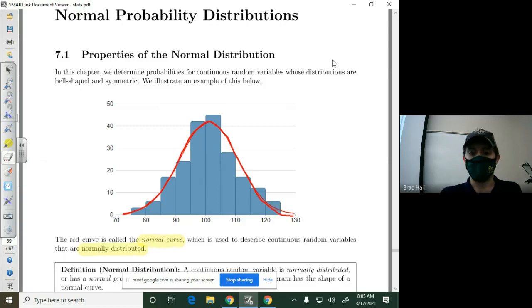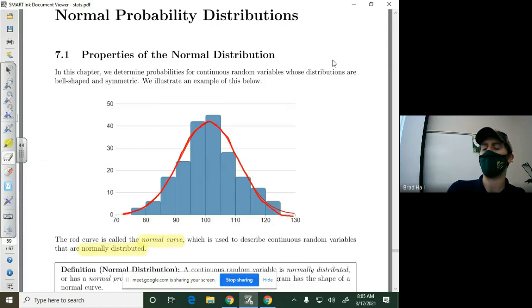In pretty much any class, if a teacher computes the grades at the end and produces a histogram of the grades, it almost always takes the shape where you have a bunch of C grades, less C and D grades, and then even fewer A and F grades as it slowly fizzles out as you get further away from the middle of the data.